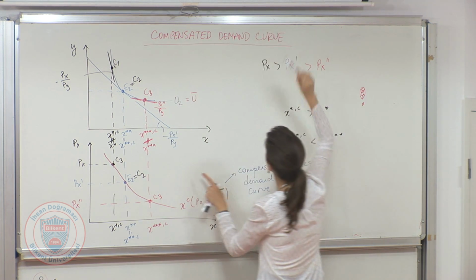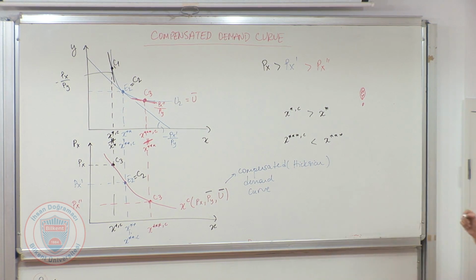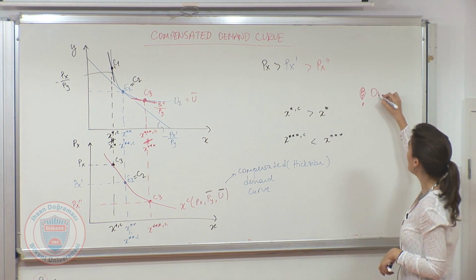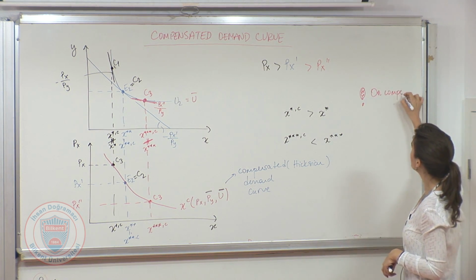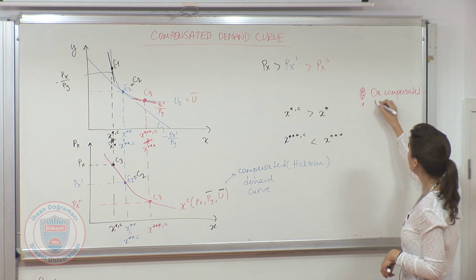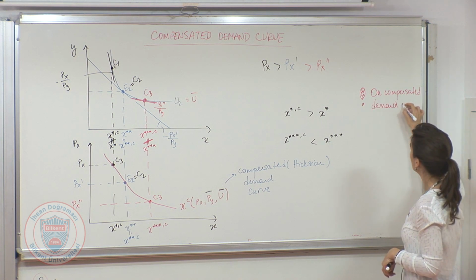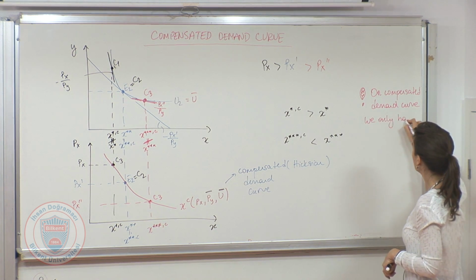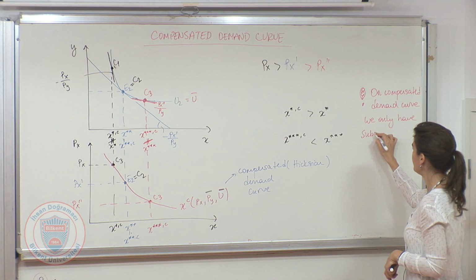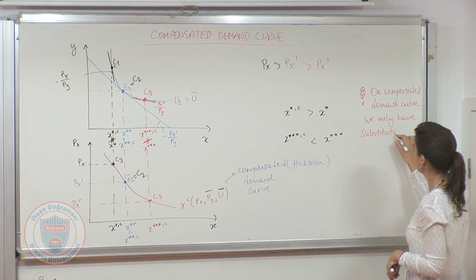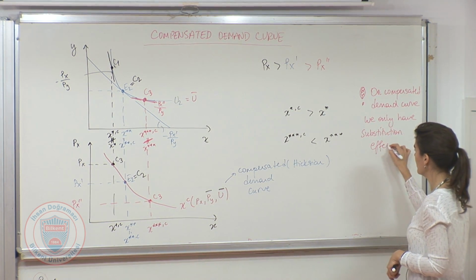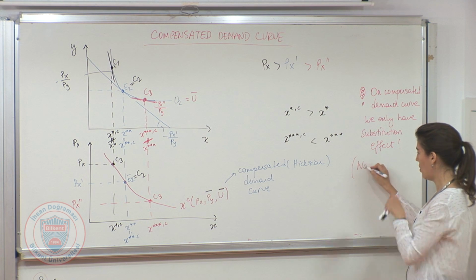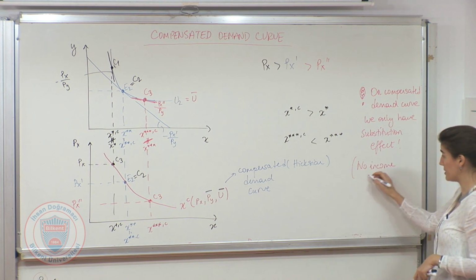So this is how you would get the compensated demand curve. Did you get the idea of how it is derived? On the compensated demand curve, we only have the substitution effect and no income effect because you compensate for it.